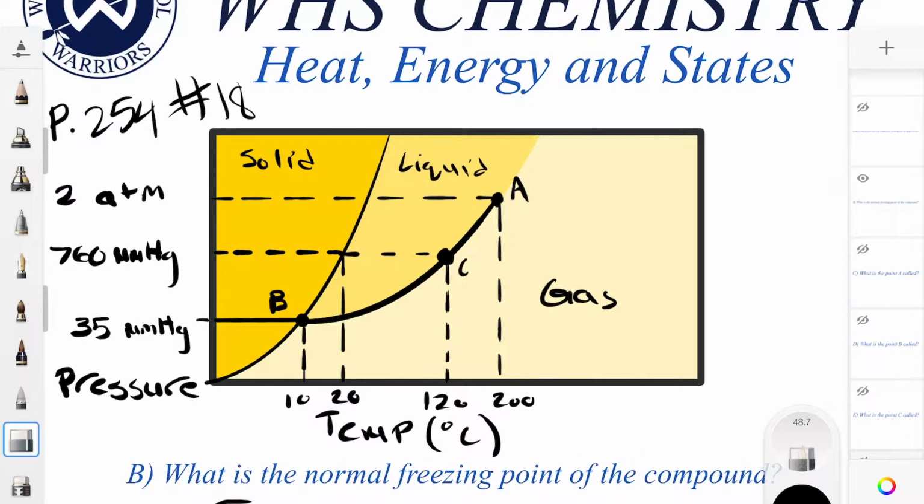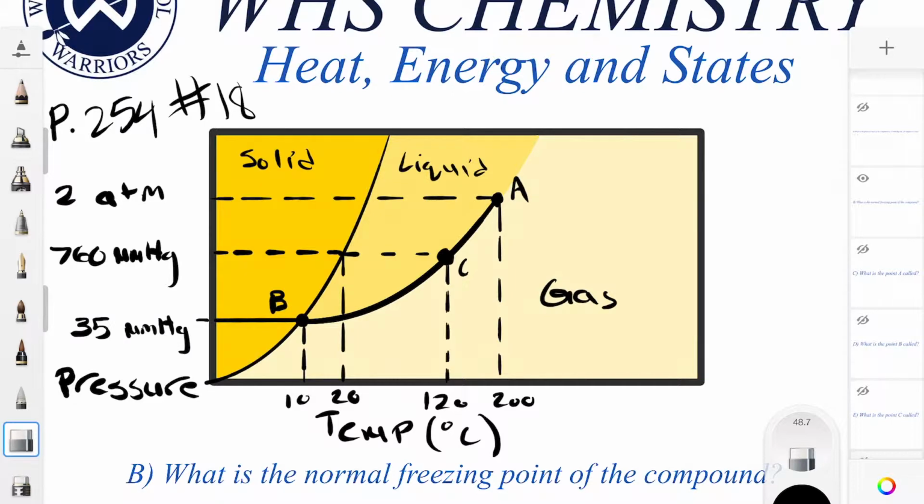Now for the next question, we are asked, what is the normal freezing point of the compound? Normal freezing point is the temperature at which a compound goes from liquid to solid at standard pressure.